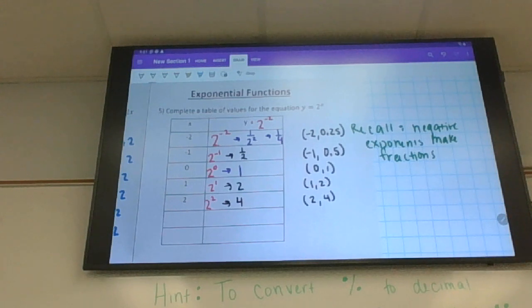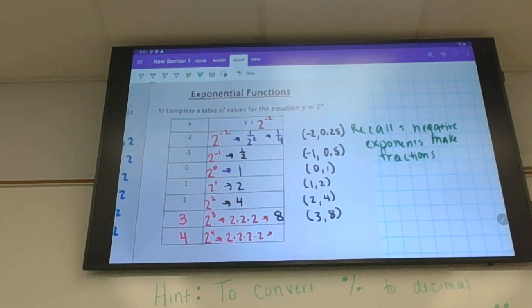I guess we should finish the table like we did on the left side and do 3 and 4. 2 to the third power is 2 times 2 times 2, which is 8. So we have an ordered pair at 3, 8. And 2 to the fourth power is 16.